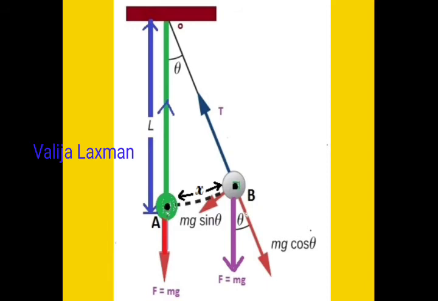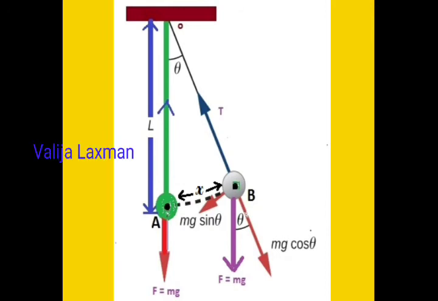Now, what is exactly opposite to tension? Mg cos theta. These two will be equal and opposite, so these two will cancel each other. What is the extra force remaining now? Mg sin theta is remaining.